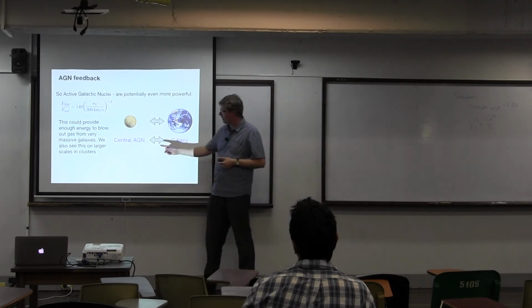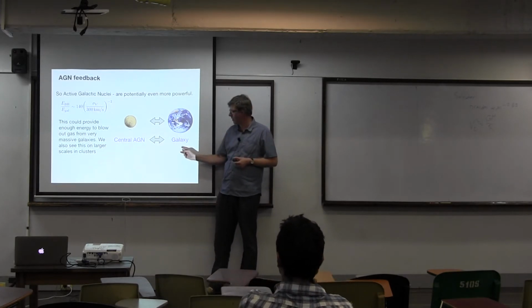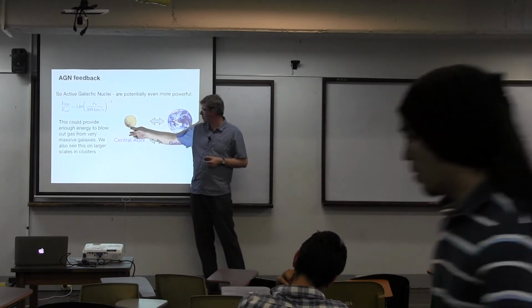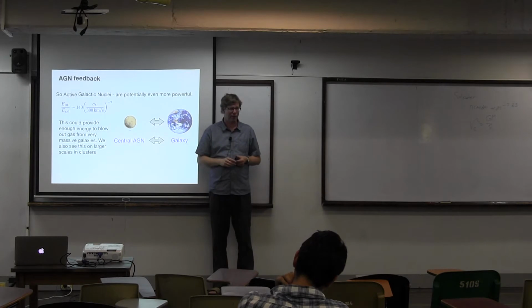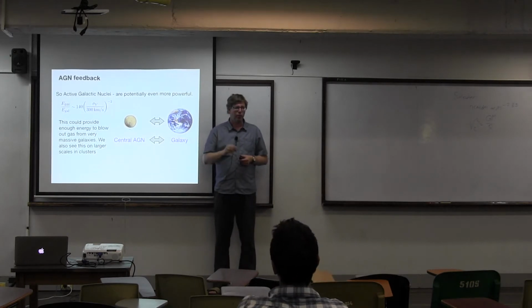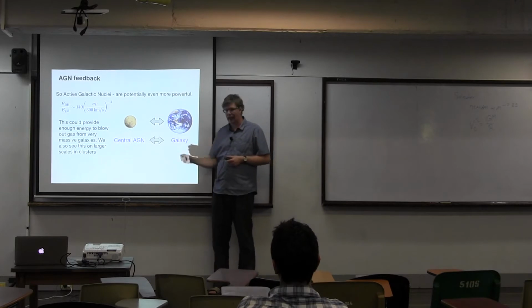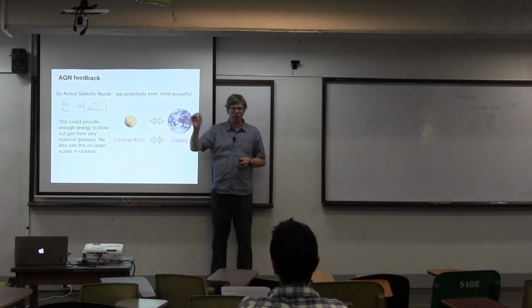So it's quite a dramatic thing. The central AGN, relative to the galaxy it lives in, if you just take the ratio of the sizes, is equal to the ratio of the size of a coin to the size of the Earth. Okay? So the black hole really is a tiny, tiny bit of the galaxy. And this coin is what's going to govern the Earth.